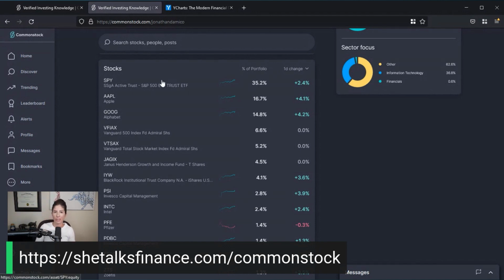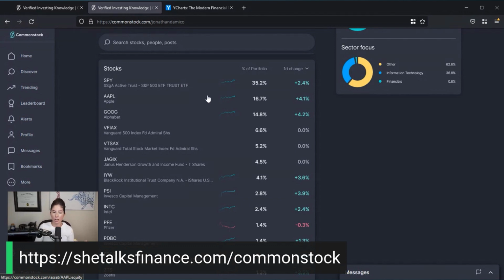Now, you're probably thinking, well, you said anything over 10% is high. But remember, I said that's in an active portfolio with individual stocks. When we're talking about allocating passively to ETFs or mutual funds, it's very common to have a larger allocation to a mutual fund or ETF, because that's just the nature of the beast. It's a diversified fund, and you can have a higher allocation in that case, okay?